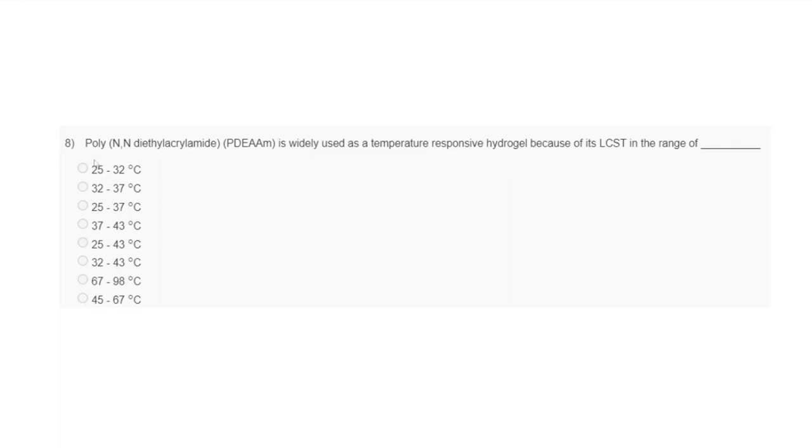So below this temperature range, it will be liquid, and above this temperature range, it will become less soluble in water and it can form the hydrogel. 25 to 32 degrees Celsius would be the correct answer.